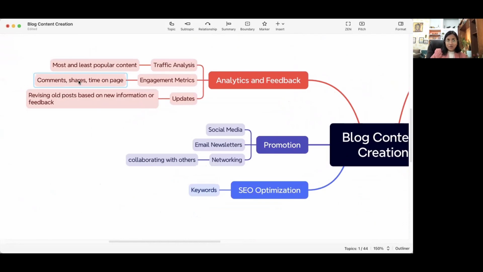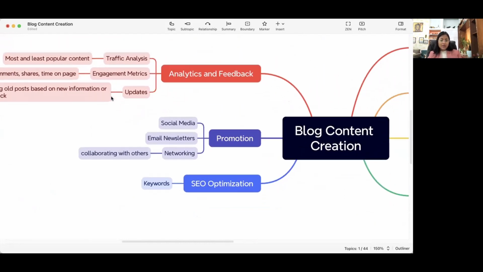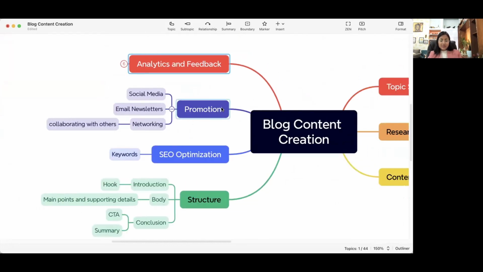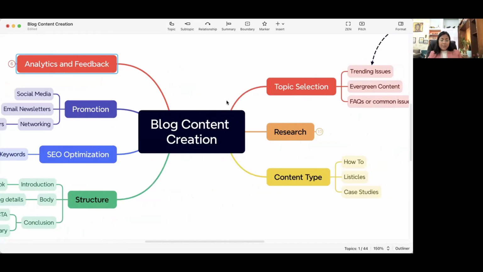At which time is your audience more available for your content? You could update some old posts, repurpose them and post them again. So all those kind of things you could do, and you could see how your entire work is getting done. So this is a simple template that I'm sharing with you here on blog content creation.